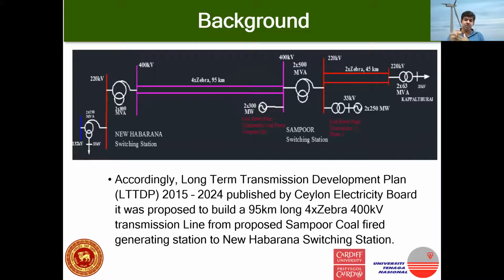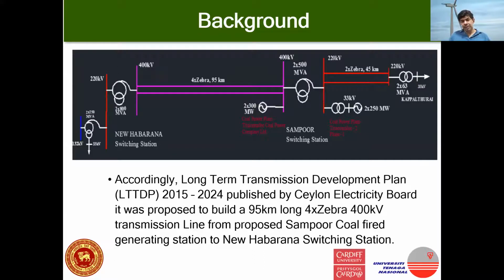So the CEB was looking for ways to bring that power to the load center, which is Colombo. So they decided to build a new line from Sampur to New Habarana. From New Habarana, you have 220 kV links to Colombo city.